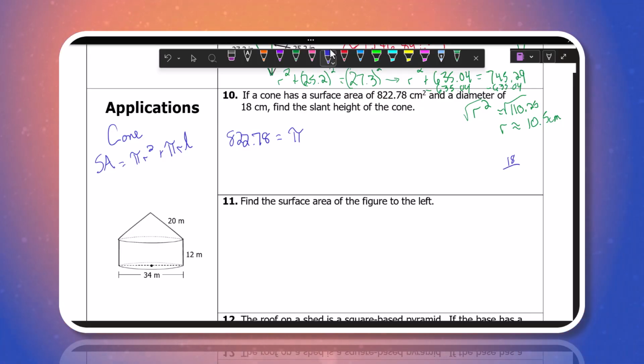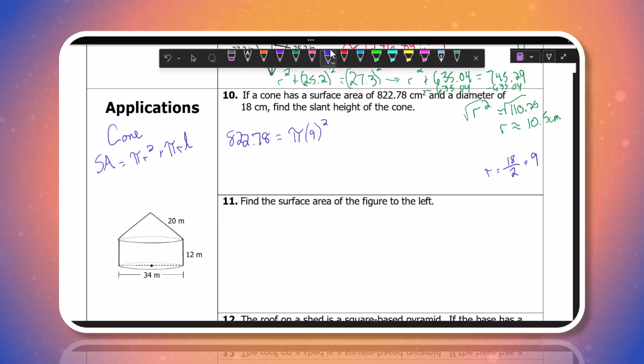Our diameter is 18, we divide by 2, our radius is 9. So pi times r squared plus pi times r times our slant height, which we don't know. That's what we're going to be finding.